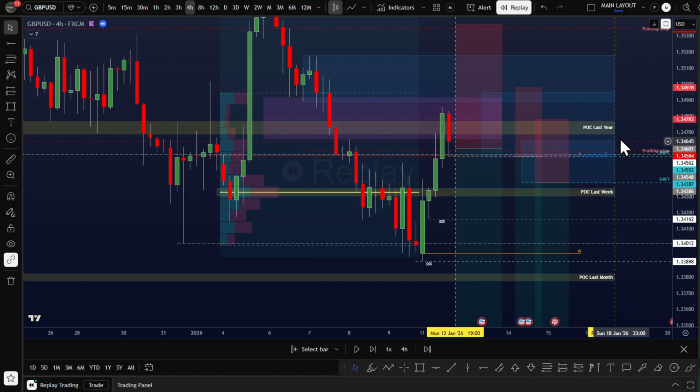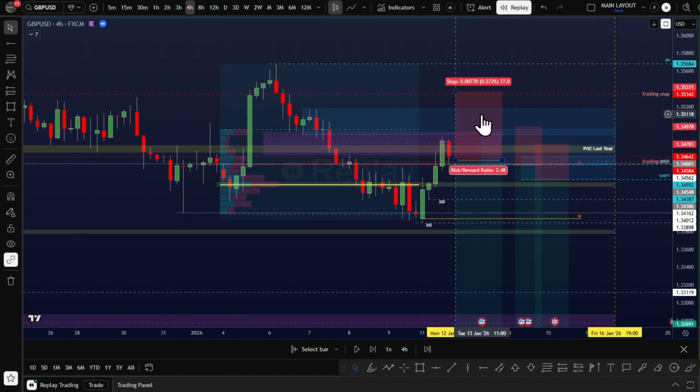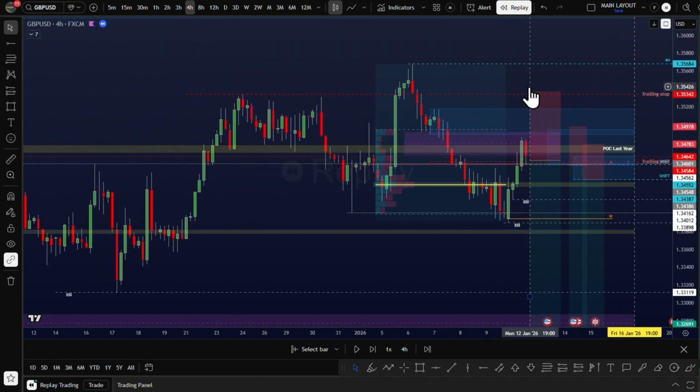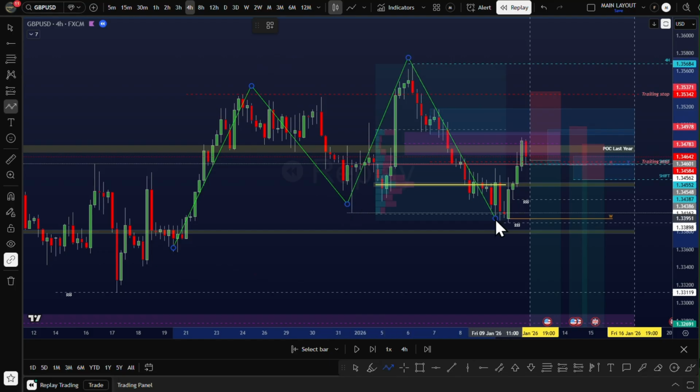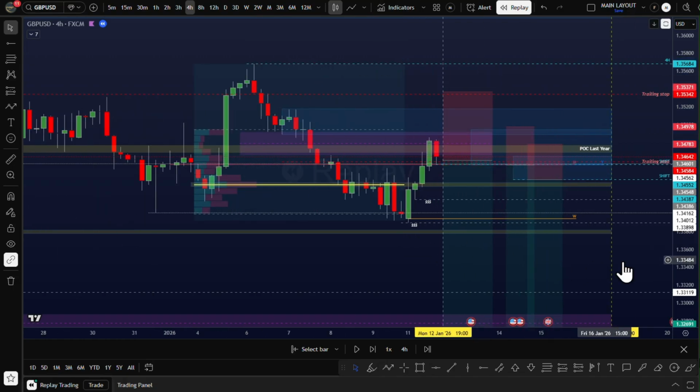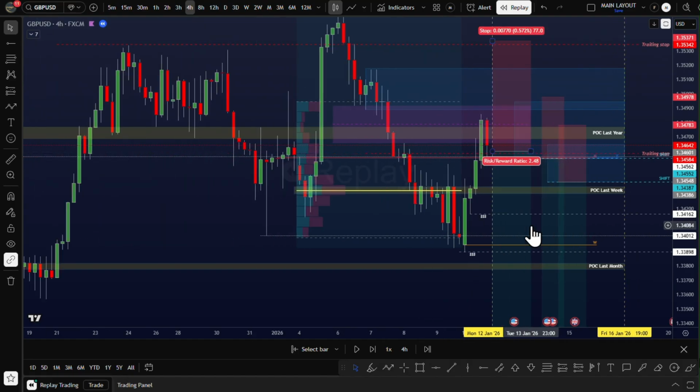I put my stop loss a little bit higher than this supply zone because it's kind of like a head and shoulders forming, you see. So I put my stop just above this shoulder. That's where I put my stop loss.